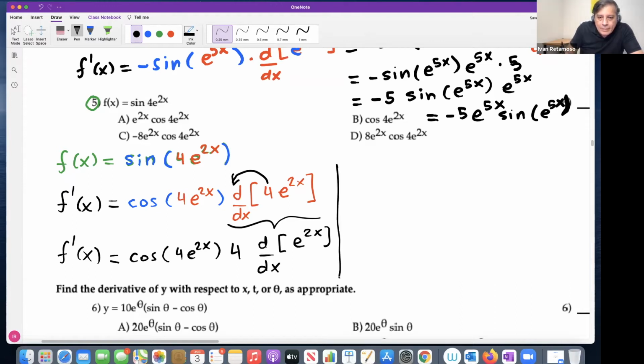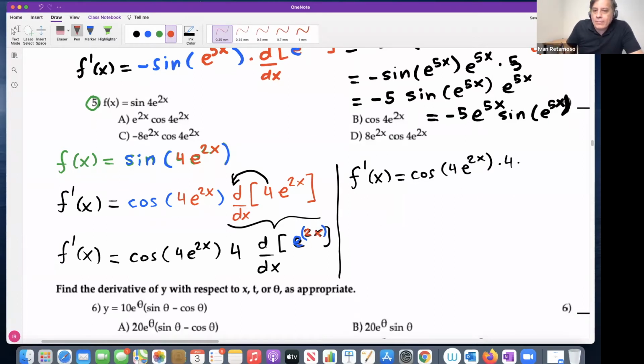So then what should be this derivative? Let's see. And if you're not used to doing these things, guys, I recommend that you do this step by step. Look, this guy done: cosine of 4e raised to twice x. This guy is a number 4. And this derivative, considering this to be your outside function, e raised to something, and this twice x your inside function, not x, it is twice x.